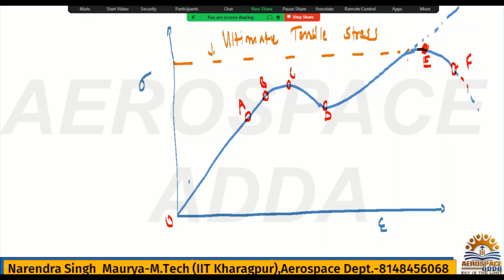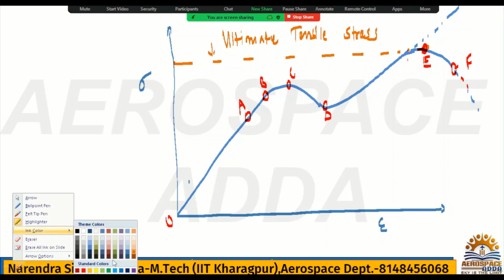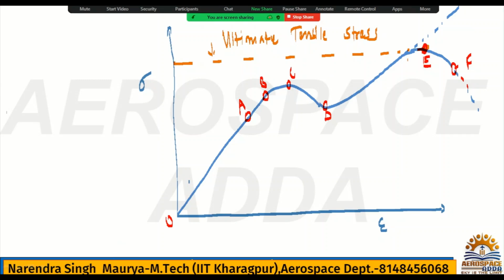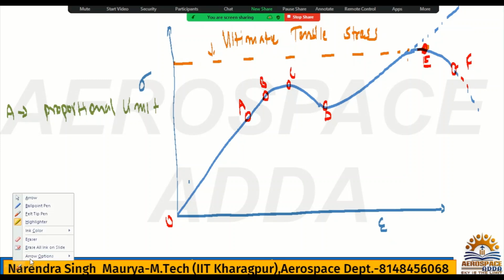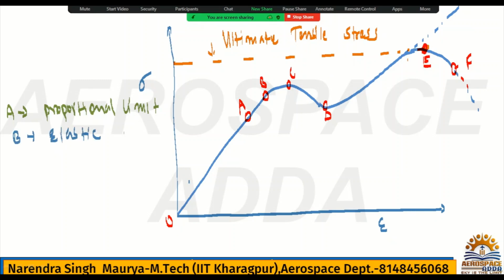All the points are very important here. One by one I will mention them, and give the explanation also. So point A is called the proportional limit. Then the next point is B, the elastic limit.